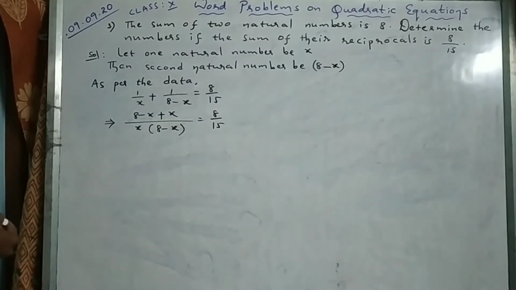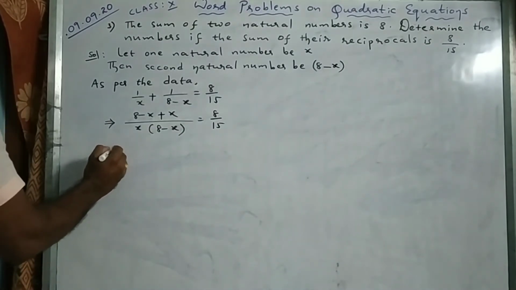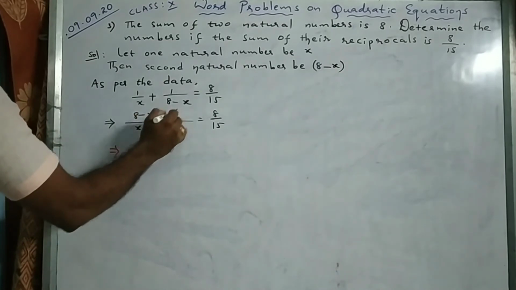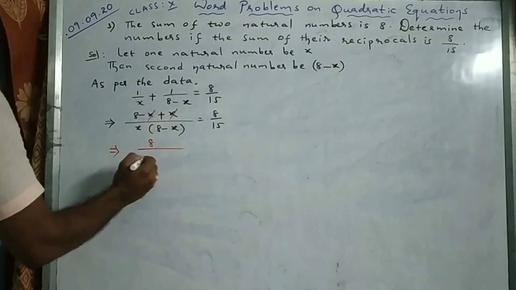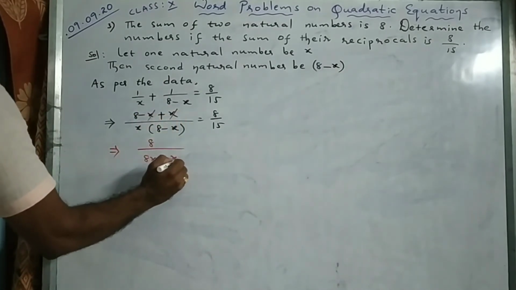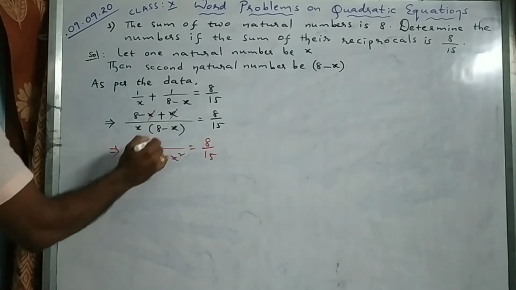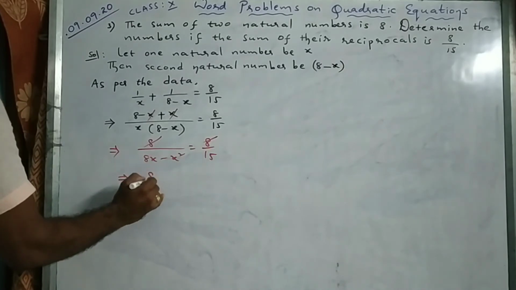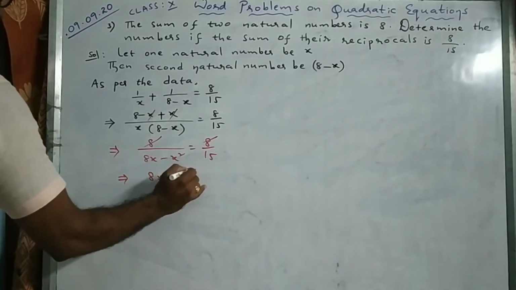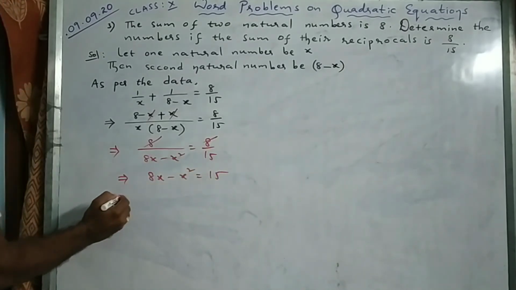Solve it. X gets cancelled: 8 upon 8x minus x square equal to 8 by 15. This 8 also gets cancelled, cross multiply: 8x minus x square equal to 15.